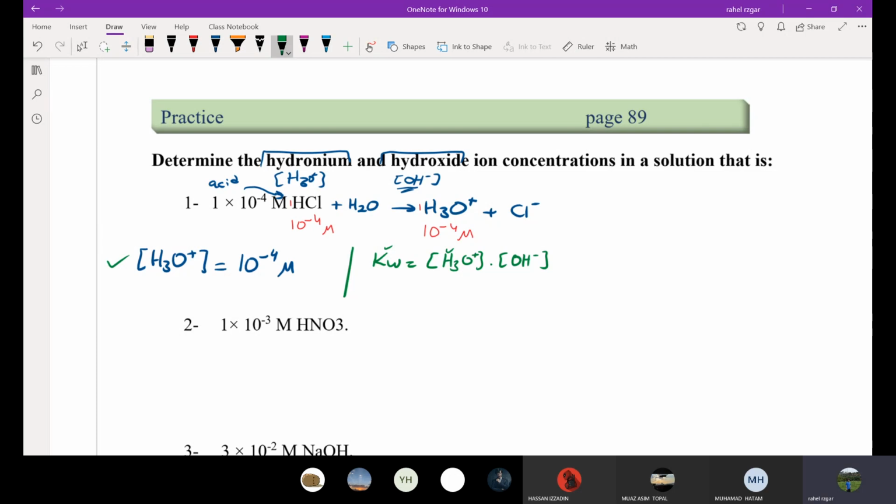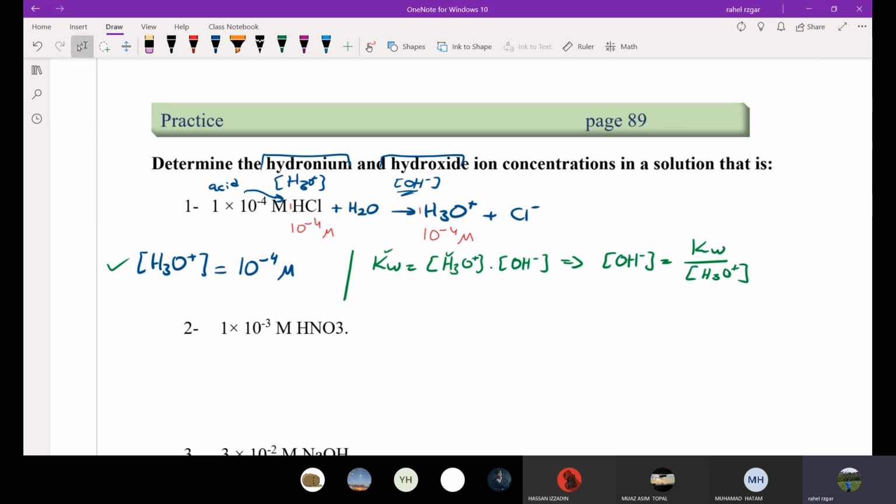It's 10 to the power -14. Then the concentration of OH is needed, which is equal to KW divided by the concentration of H3O.